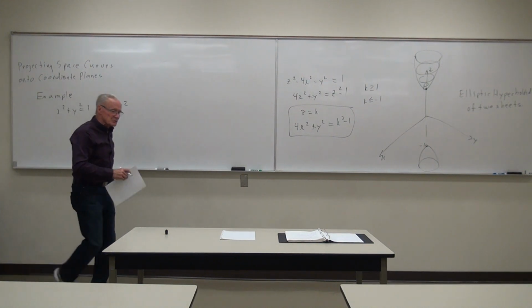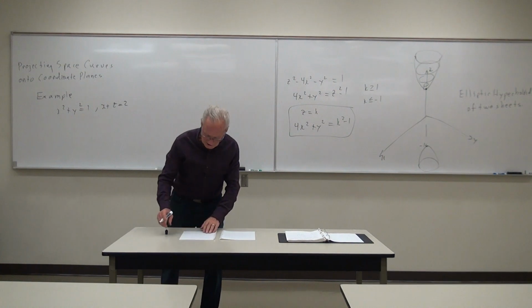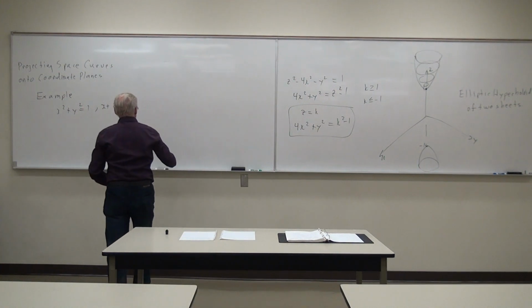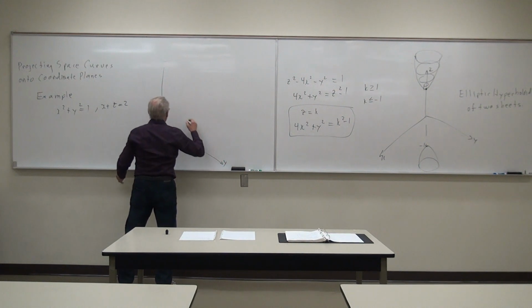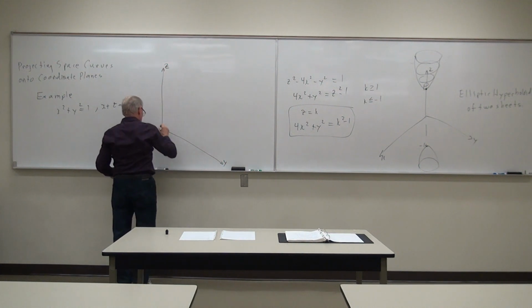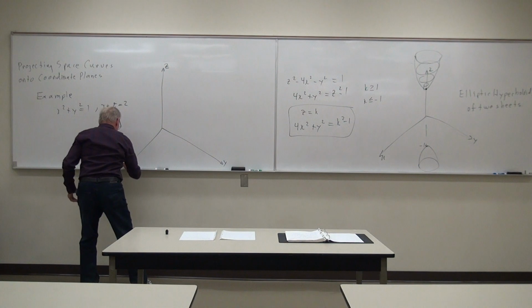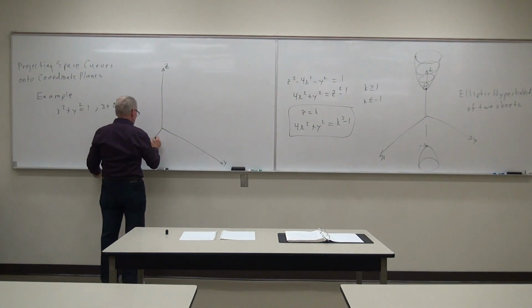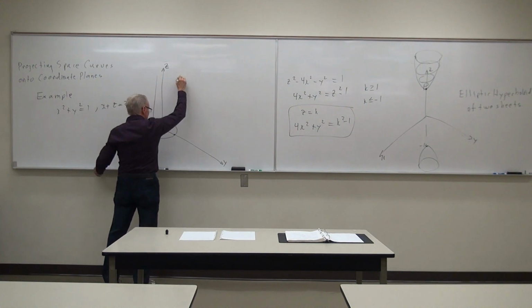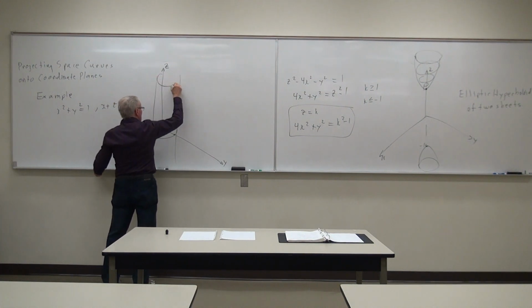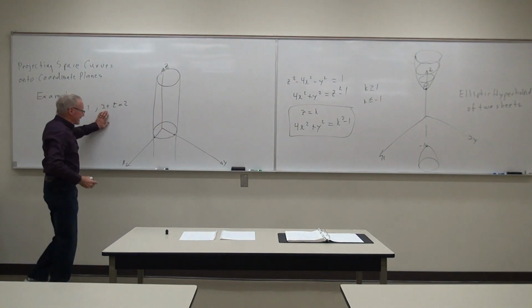All right? So let's draw this, visualize the curve, and then ask what I want. So you've got the cylinder of radius 1.